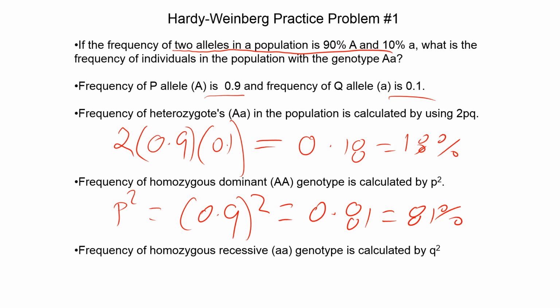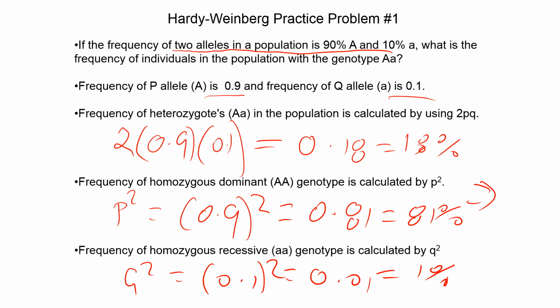And individuals that are homozygous recessive, q squared. q squared equals 0.1 squared, which equals 0.01, which equals 1%. You add 18% and 81% and 1%, you get 100%.